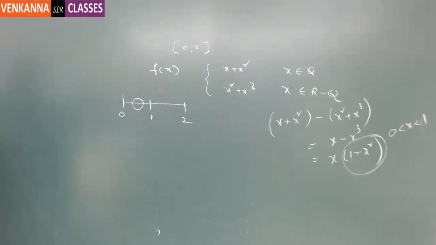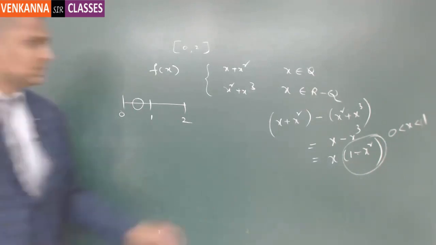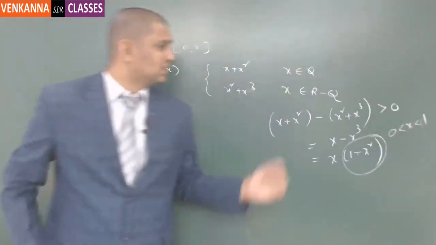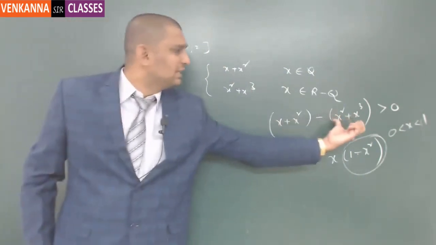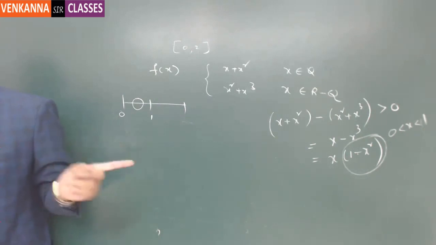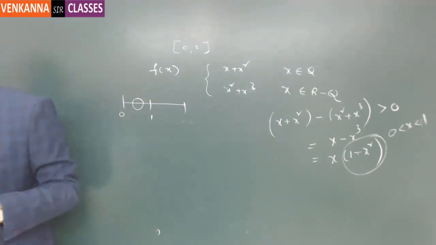If you take x between 0 and 1, what about 1 minus x? Is it positive or negative? Try with a number. Positive. So in other words, the difference between these two is greater than 0. In other words, this part is bigger than this part. Accepted? x plus x square is greater than x square plus x cube.